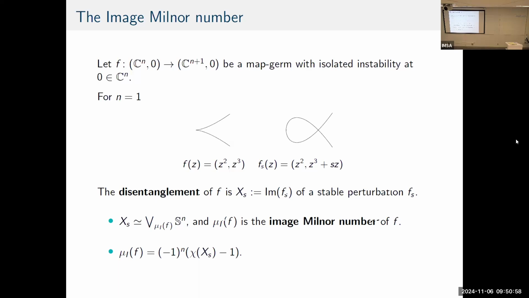We have this image X_s, the image of this perturbation. Ah, okay, that is my question, I overlooked the definition. Yeah, it's the image of a perturbation. So this is a germ of a singular space. But that is not a germ anymore. No, it's this disentanglement you intersect with a ball. It's like the Milnor fiber. Yeah, you intersect with an open ball. Exactly. Take the image and you intersect with an open ball.